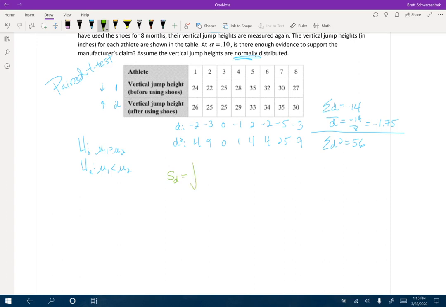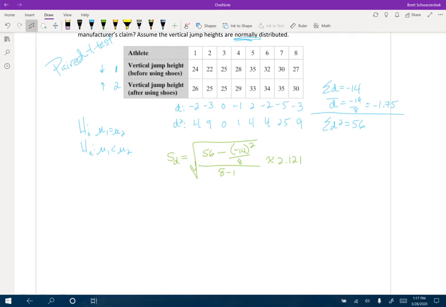That is equal to the square root of 56, which is our sum of d squared, minus our sum of d, quantity squared, over n, which is 8 in this problem, all over, still in the radical, 8 minus 1. If we do this calculation, we're going to get 2.121 as our standard deviation for our difference.